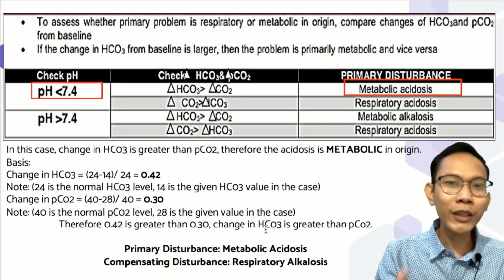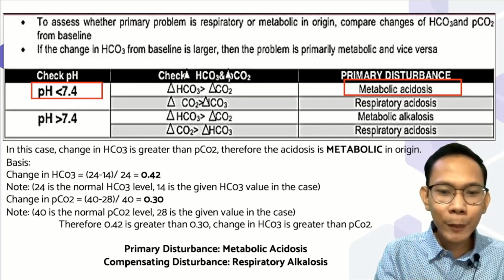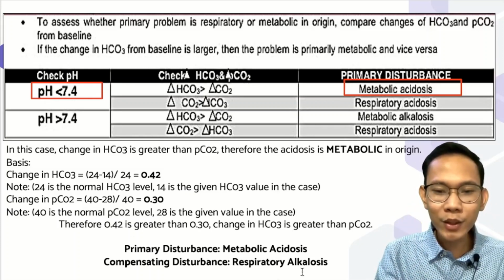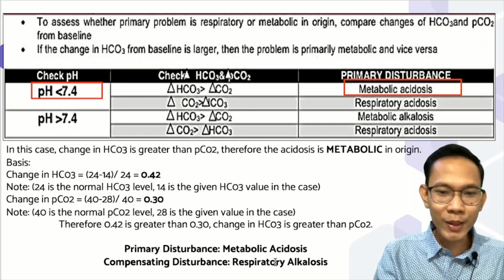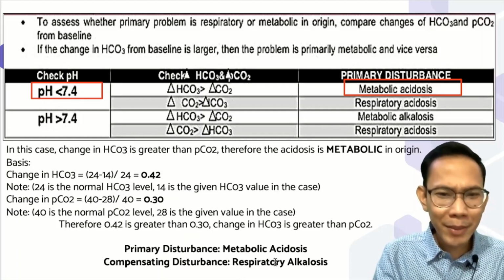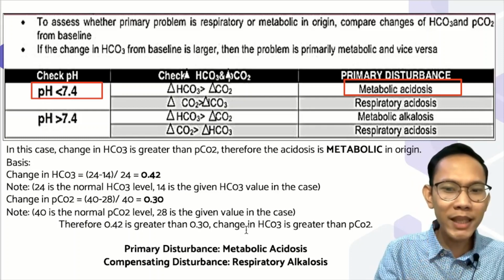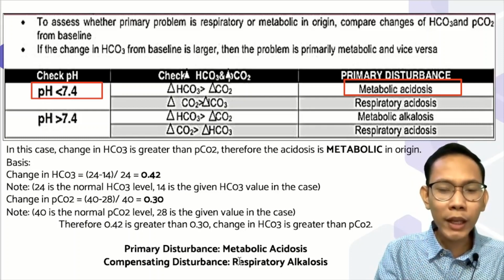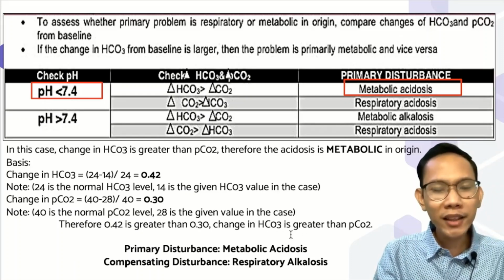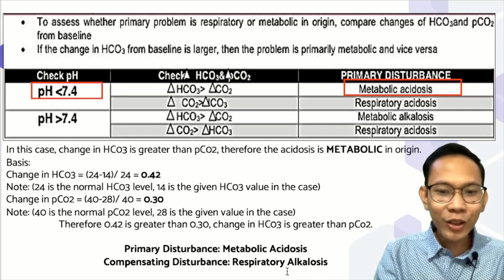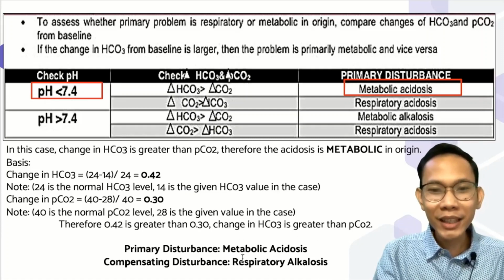So, technically, yung natira sa step 2, that's gonna be your compensating disturbance, your respiratory alkalosis. And again, sa lecture ko, diba, nagme-make sense naman, pag metabolic, ano ngang main organ na magko-compensate? It's gonna be your respiratory. Since acidotic yung ating patient, so therefore, to compensate such problem, you need alkalosis, right? So in short, opposite lang ng primary disturbance.